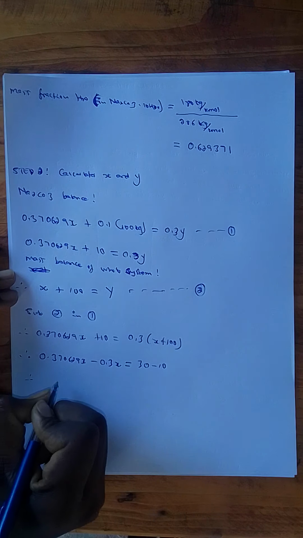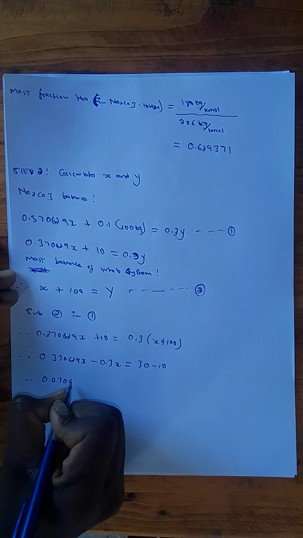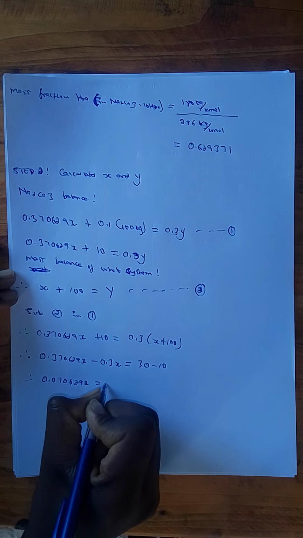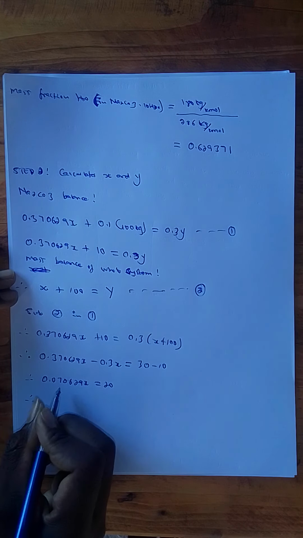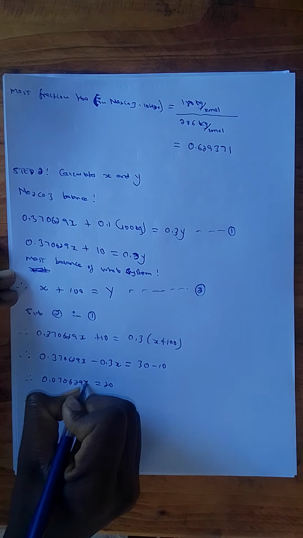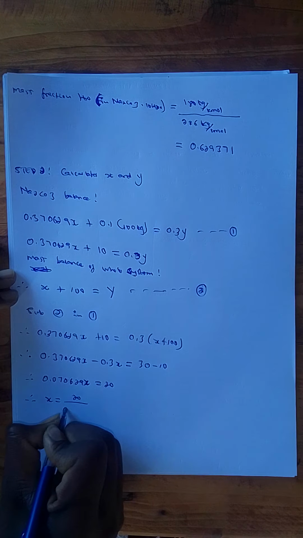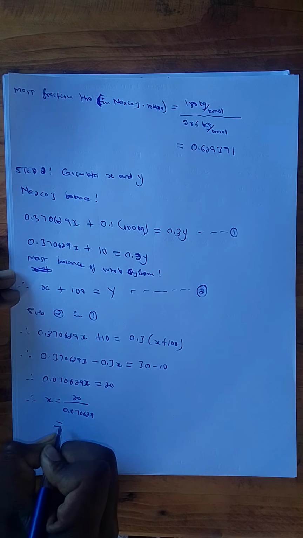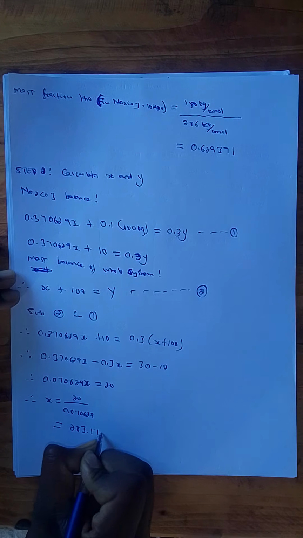Therefore, when you do that simplification, you get 0.07062x equals 20. And therefore, when you solve for x, x equals 20 over 0.07062, and it equals 283.170.